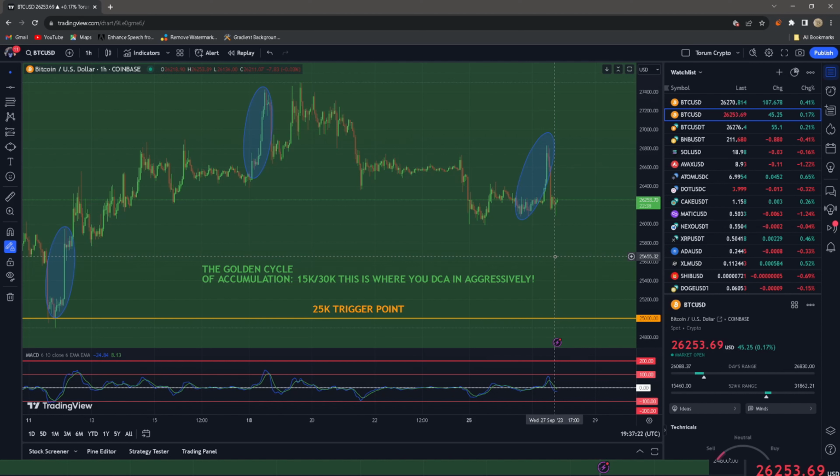If it goes above that, let's say it goes to 150K, then this zone that you're looking at, the golden cycle of accumulation zone, will move up, as will the zone that's below this, which is where we find the bottom all the time, and I call that the black hole.